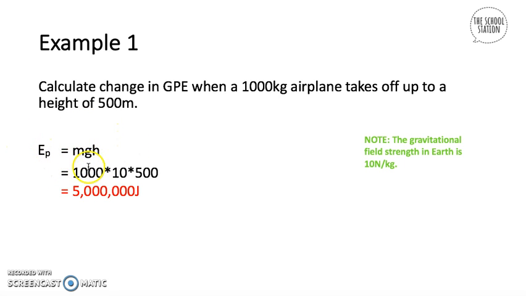Always write down the formula because that could give you an extra mark. Then it equals 1000 times 10 times 500. I just substituted all the numbers for the letters, and that equals 5 million joules. That's going to be the answer for the change in GPE.